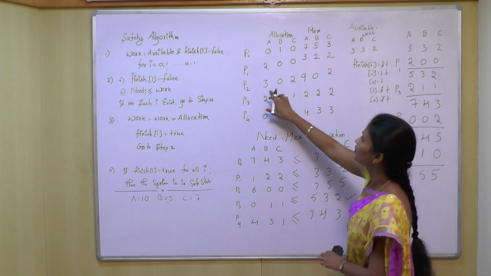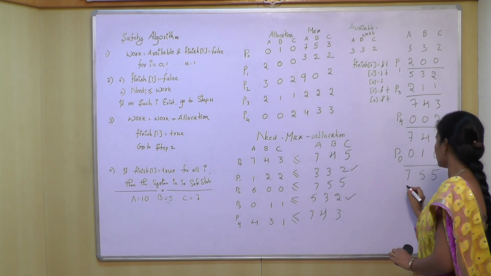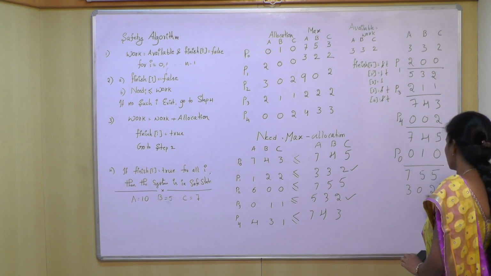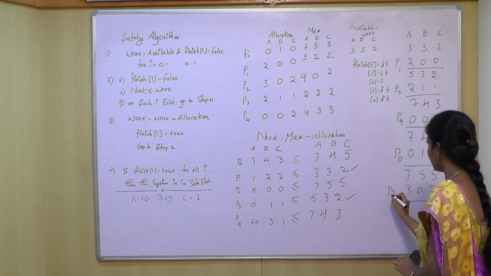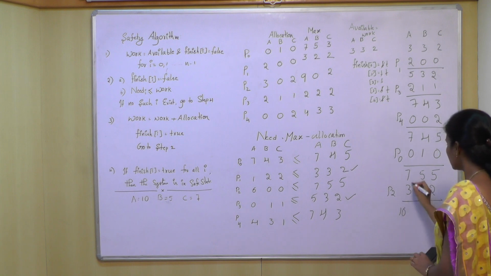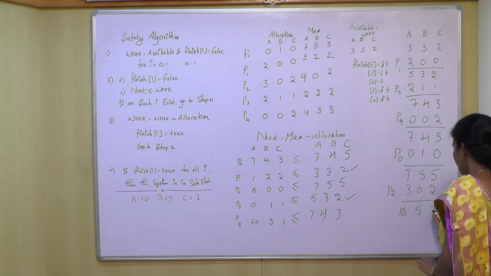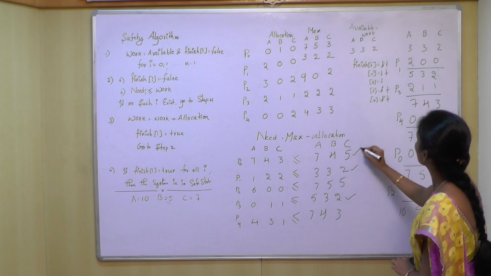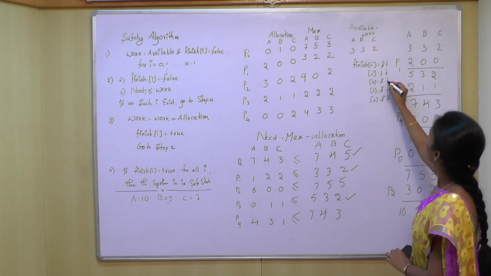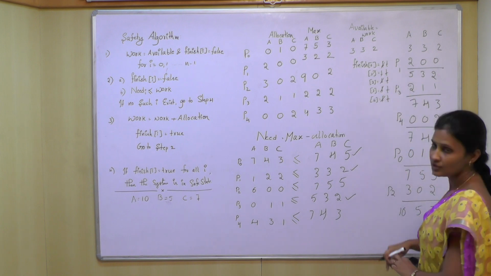Now for process P2, add its allocated resources to the available resources. Now the total instances are 10, 5, and 7. So it has also finished its execution. Now all will change to true.